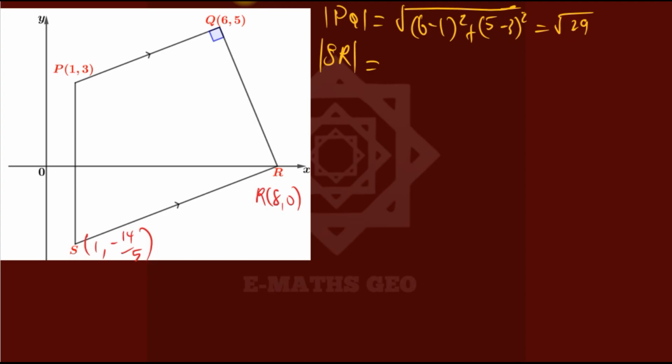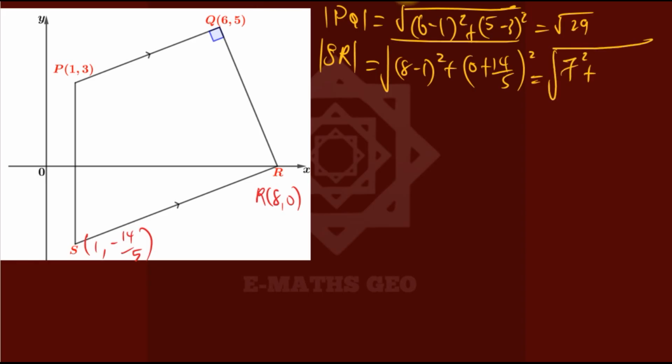SR, same thing. Square root of (8 minus 1) squared plus (0 minus 14 over 5) all squared. This is 7 squared, and this is 14 over 5, and 14 is 7 times 2. So I can write this as 7 squared plus 7 squared times 2 squared over 5 squared.